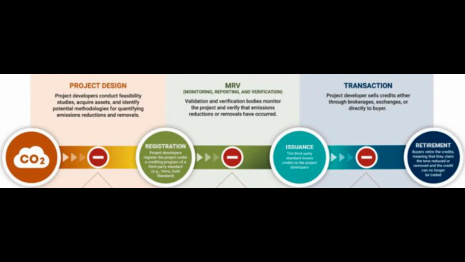Verification is defined by the VCS as a periodic ex post independent assessment by a VVB of the GHG emission reductions and removals that have occurred as a result of the project. So to summarize, verification is an assessment of the offset quantities, whereas validation, occurring at the beginning of the project, is an assessment of the project's conformance with VCS program rules.